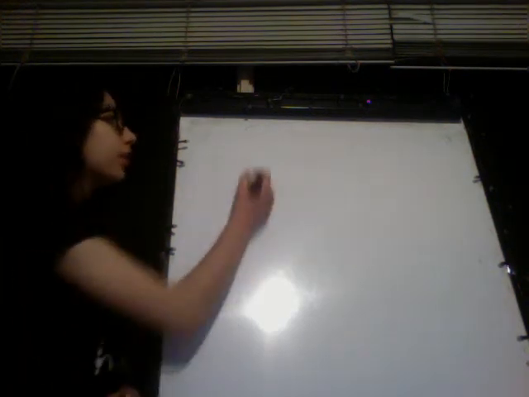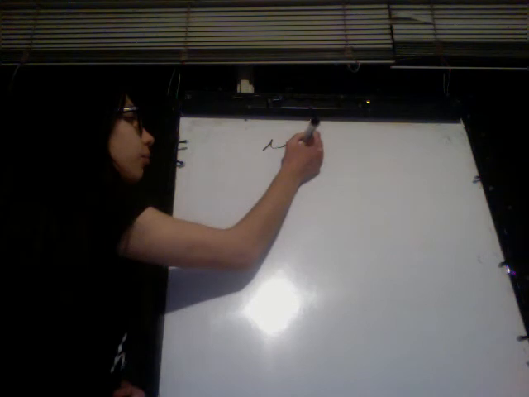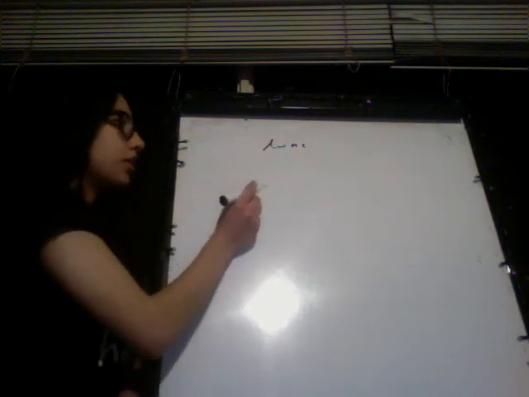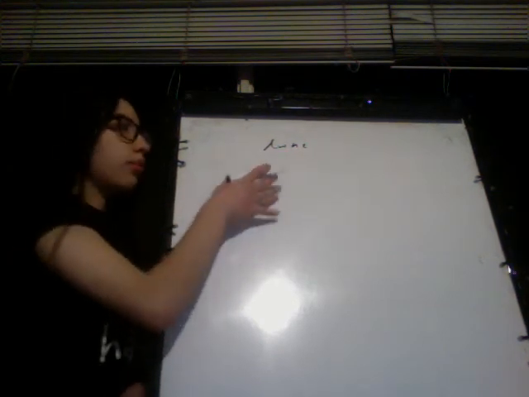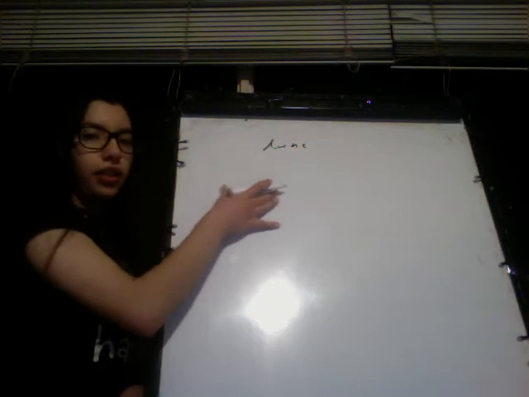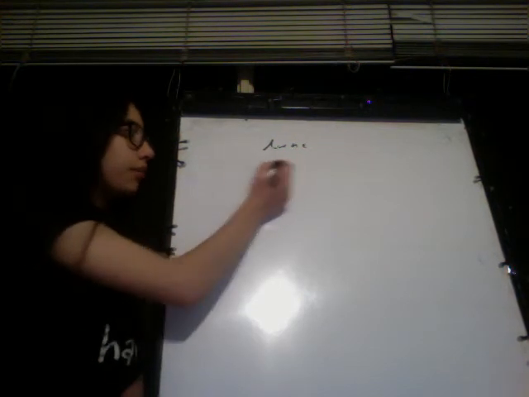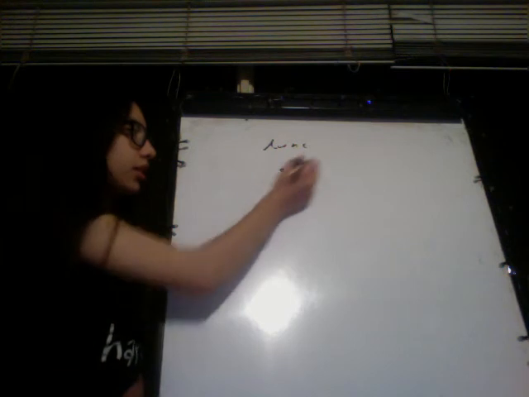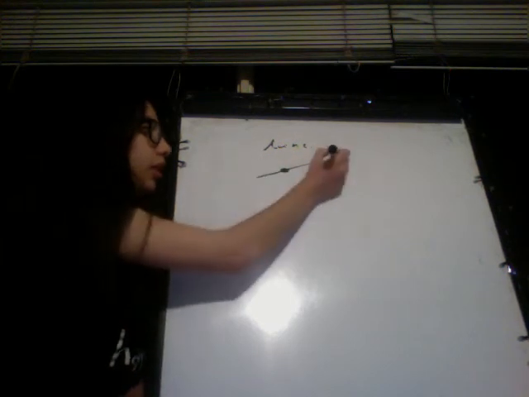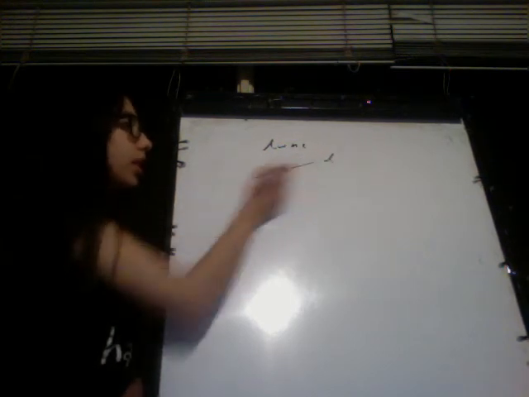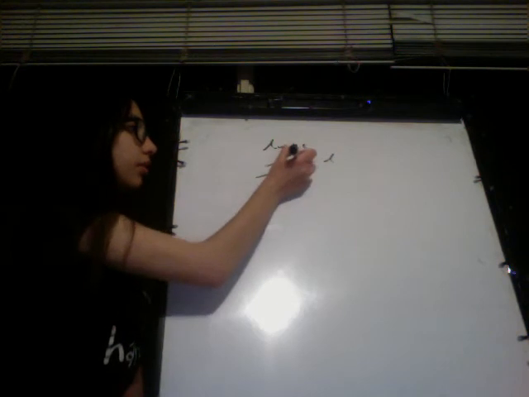Now we're going to find the equation of a line with vectors. Instead of having just a point and the slope of the line, we have a point that we know is in the line, let's say line L, and we know that this line is parallel to this vector.